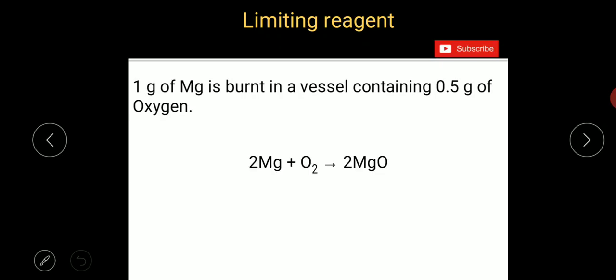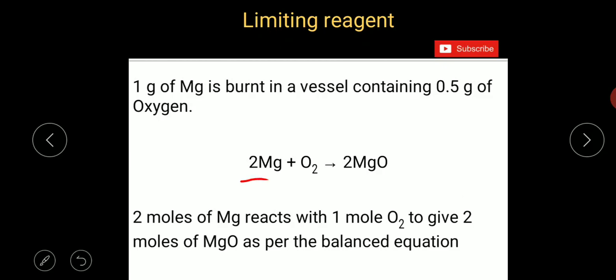The balanced equation for the reaction between magnesium and oxygen is 2 moles of magnesium combines with 1 mole of oxygen to give 2 moles of magnesium oxide. Even here you can see the number of moles of magnesium involved in the reaction and the number of moles of magnesium oxide formed will be the same, and the number of moles of magnesium oxide formed should be double the number of moles of oxygen.